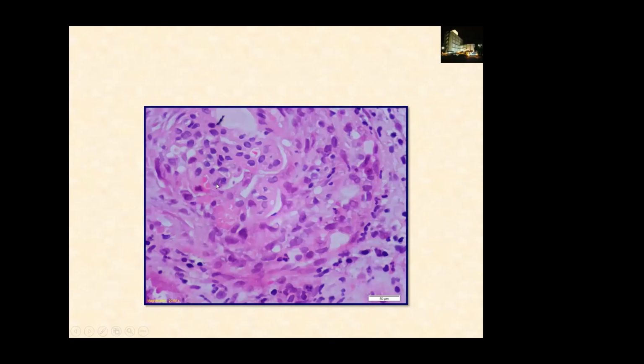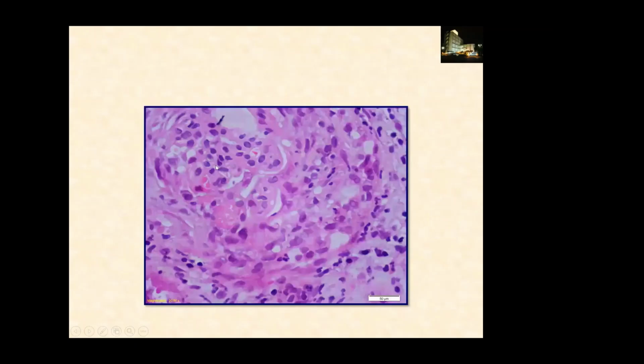And in this tuft, we notice a focal segmental necrotizing glomerulonephritis, and this is a very clear example of ANCA-associated glomerulonephritis with focal necrotizing glomerulonephritis and a huge cellular crescent obliterating the capillary tuft.